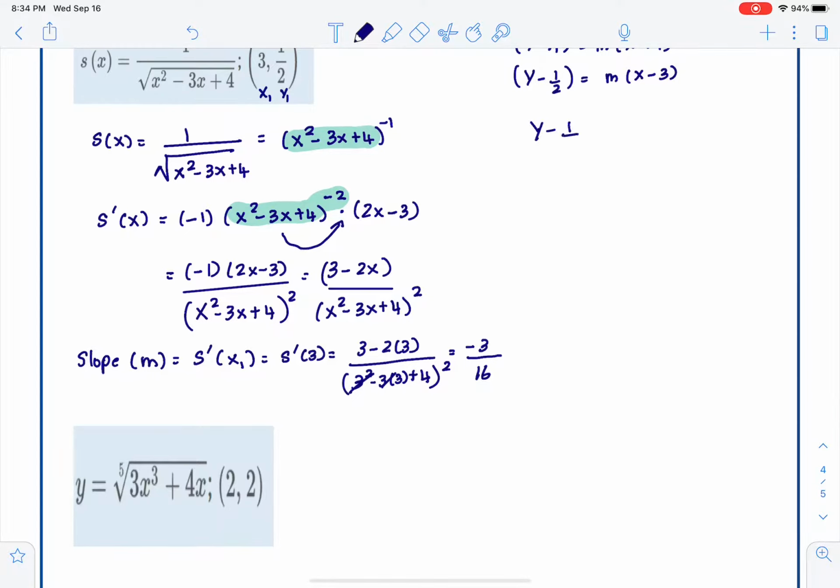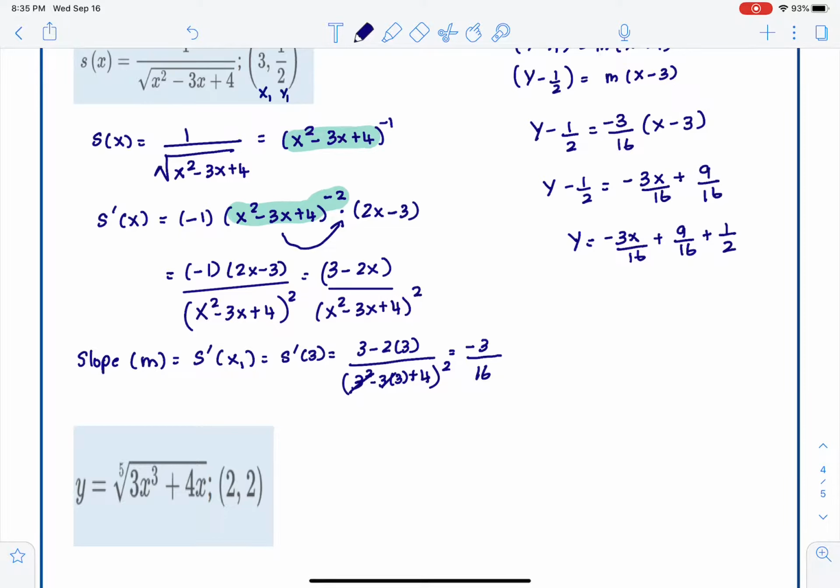Y minus 1/2 would equal negative 3 over 16, x minus 3. Y minus 1/2 would then be equal to negative 3x over 16 plus 9 over 16. Y would equal negative 3x over 16 plus 9 over 16 plus half. We could take the common denominator and combine the last two fractions.